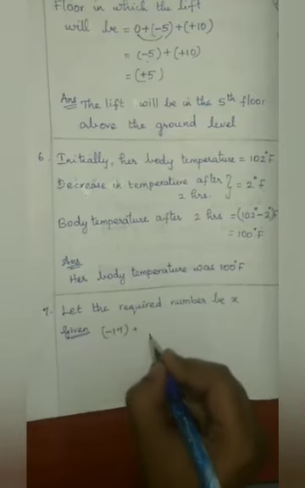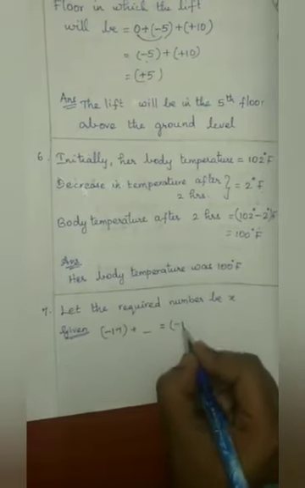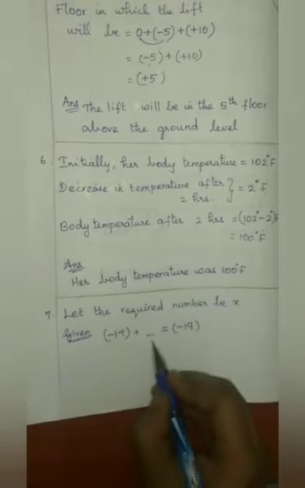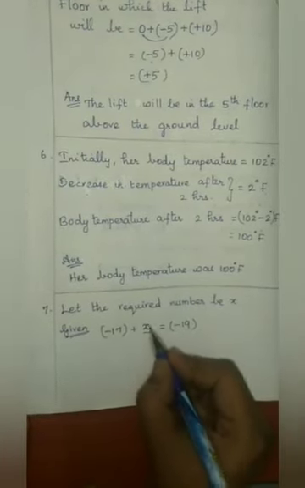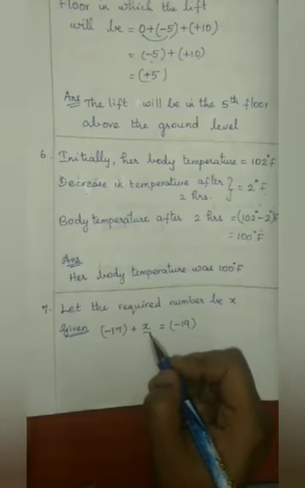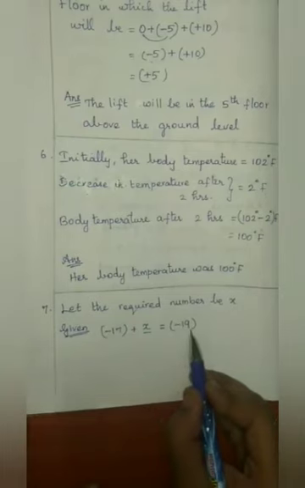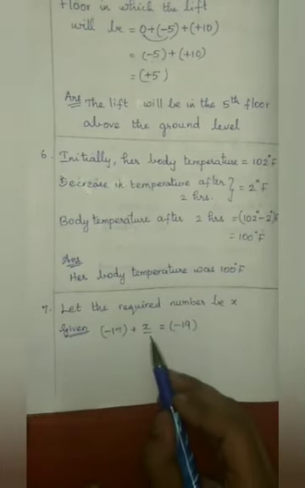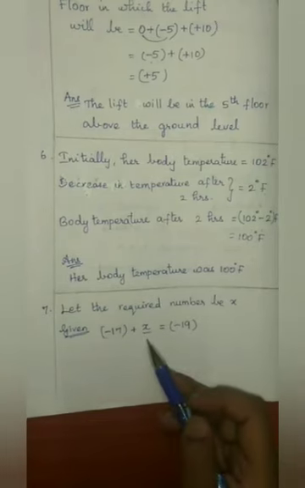We don't know that number, to get minus 19. Here we assumed that number to be x. So we have to find the value of x.